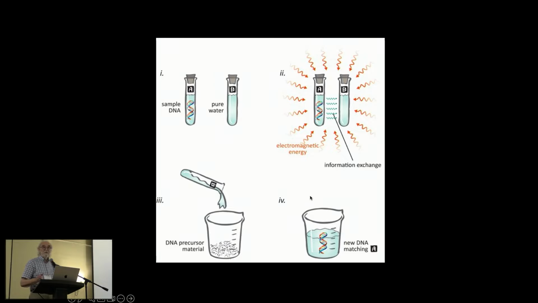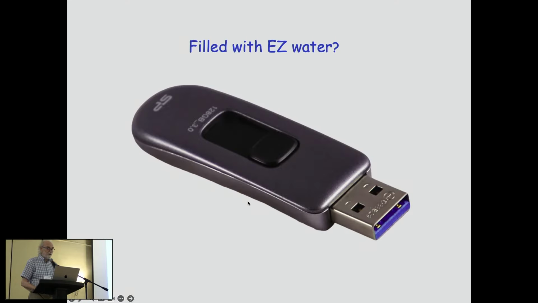So I've given you one small segment of the scope of experiments that have been done to show water memory, which we don't think is possible, but apparently it's possible. So you can imagine now, reverting back to Moore's law, which I hadn't thought of until a few minutes ago: imagine, instead of being filled with transistors, it's filled with easy water, which seems to be a substrate for water memory.